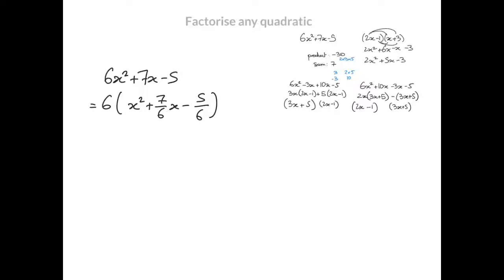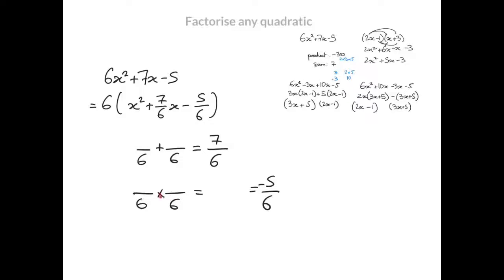And now we are going to look at two numbers that will multiply to minus 5/6 and add up to plus 7/6. And we are going to look at these two numbers as fractions over 6. So we are going to look at two fractions over 6 that are going to add up to 7/6, and two fractions over 6 that will multiply to minus 5/6.